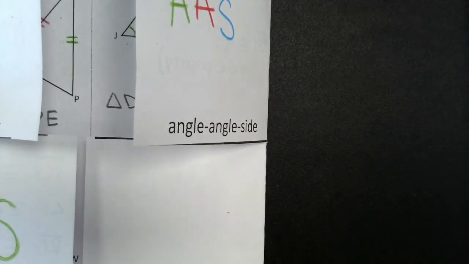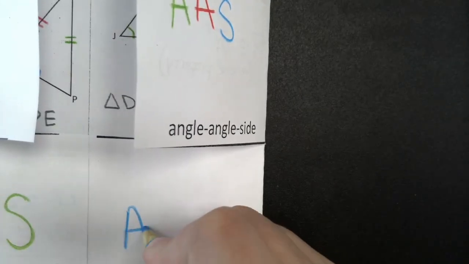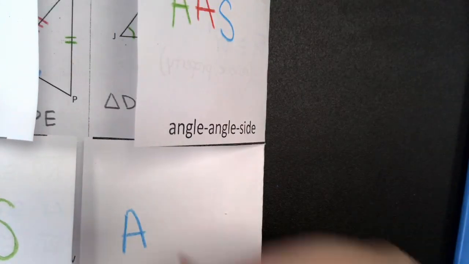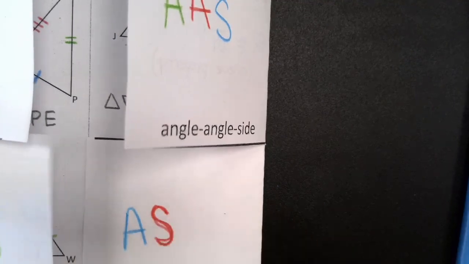Cool. Alright, last one here, that's the top four, the main four that we use all the time: angle, side, angle. So we have angle, side, angle.